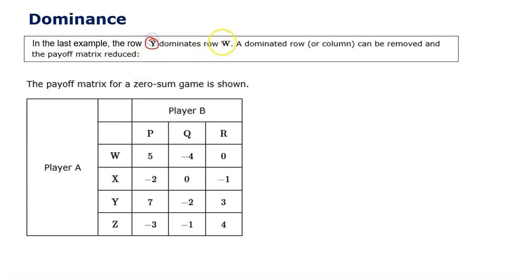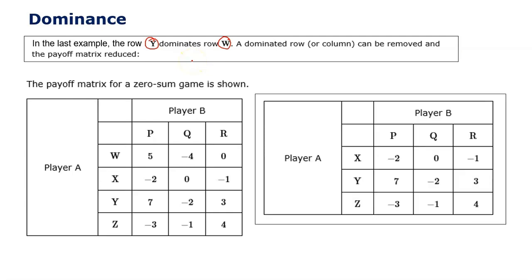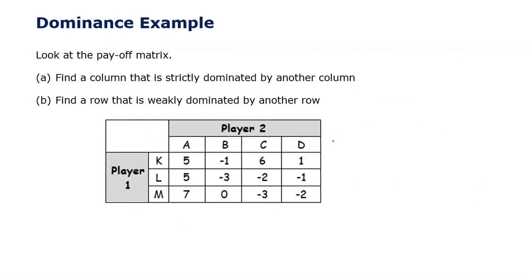We said Y is always better than W. Y dominates W. So what you can effectively do is wipe it out and just have X, Y, Z. We've got rid of W because there's no need for player A to ever play it. And that simplifies things. If you can spot a dominating row or dominating column, you can remove it, and it becomes a simpler question. Now, here's a dominance example then.